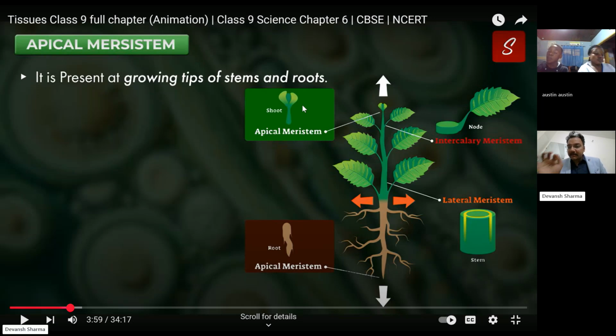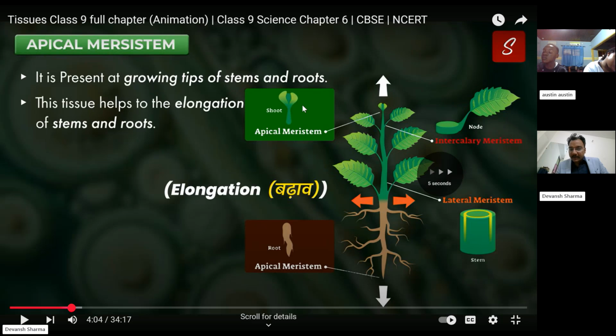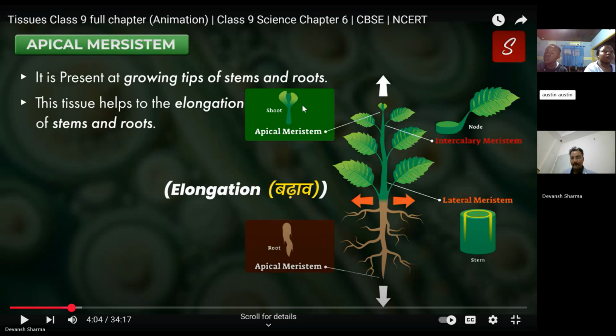Apical meristem is present at the growing tips of stems and roots. Second thing, this tissue helps the plant to grow vertically. It helps in the elongation, like it is going higher in the sky, away from the ground. Good.